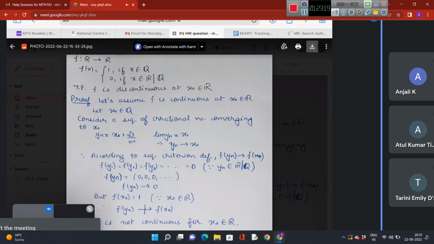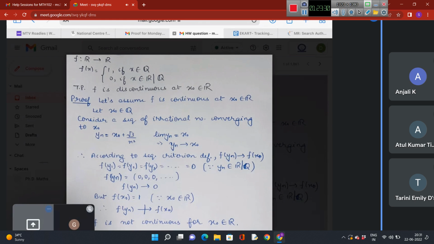So now you can create this sequence x naught plus root 3 by n square. Since x naught is rational and n square is rational and you are putting root 3, it's an irrational number. So now your sequence is an irrational sequence converging to a rational number. So every image value should be 0 because the function is 0 on every irrational. So f of y n is 0 for all n.